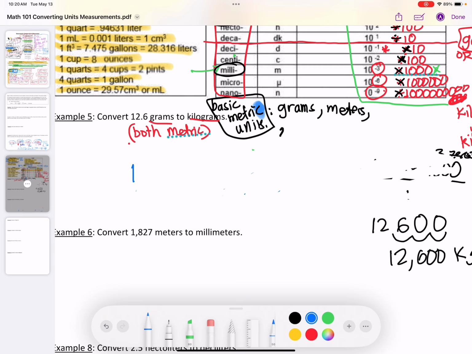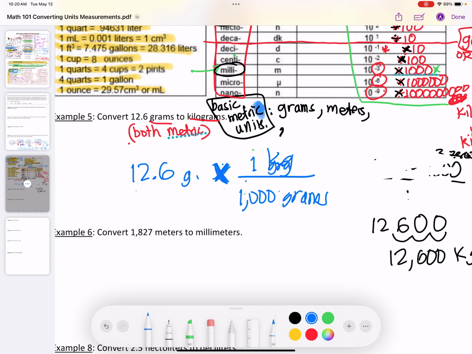So I just take 12.6 grams and divide it by 1,000 to get there, because there are 1,000 grams in 1 kilogram. So of course I'm dividing. I'm losing it, you guys. Sorry, 1 kilogram. There we go, that makes more sense.